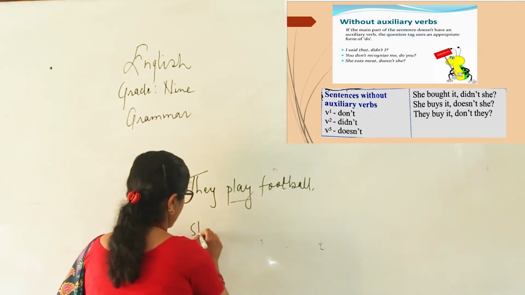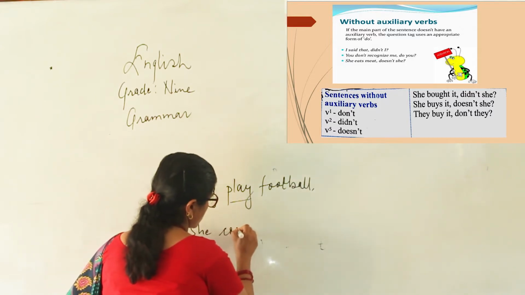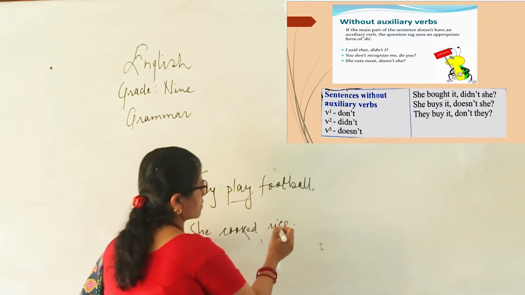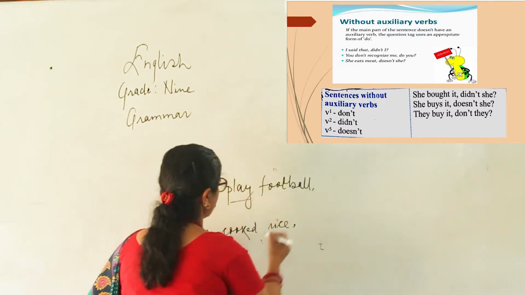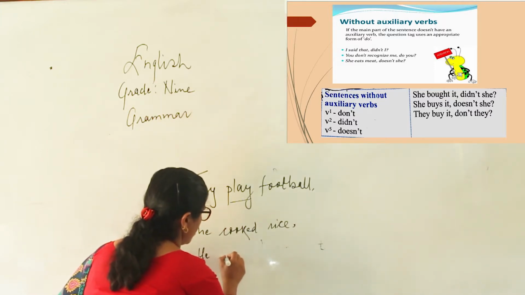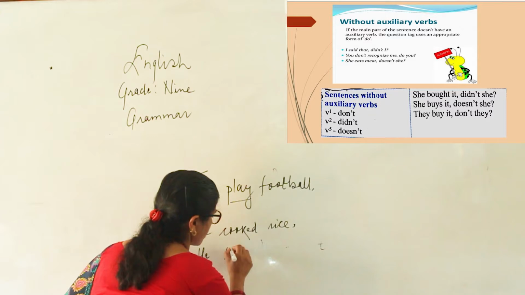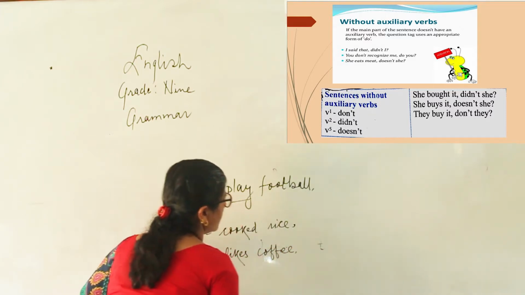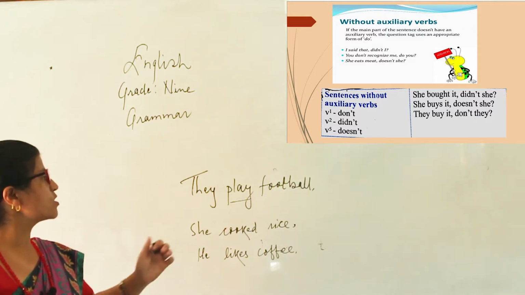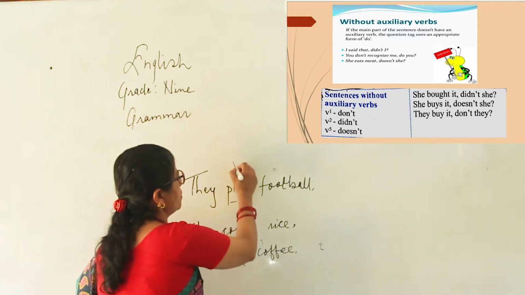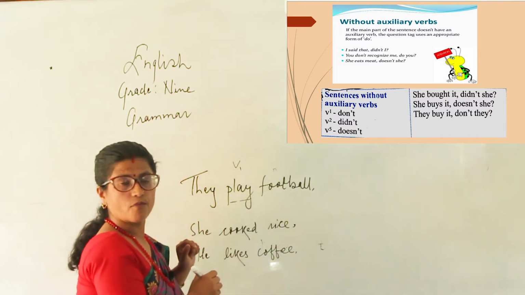She cooked rice. You can see, she cooked rice. He likes coffee. Let's see these three examples. What do you see here? Play is here, and this is B1, the first form of verb.